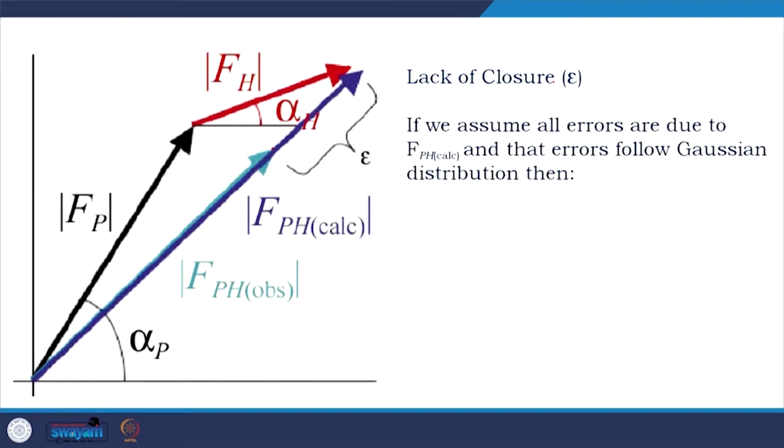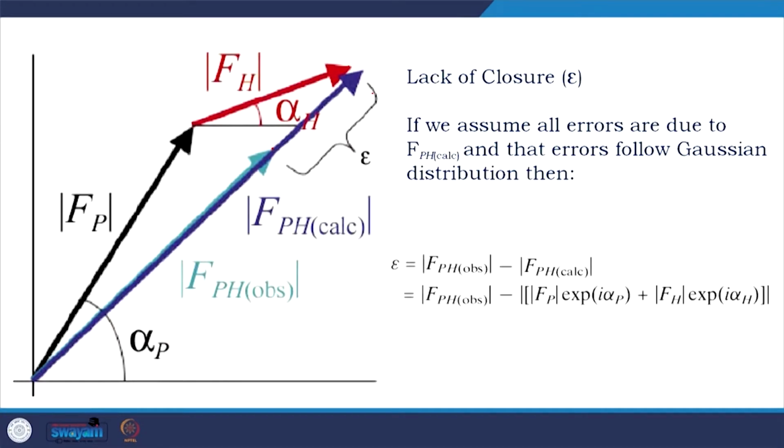If we assume all errors are due to FPH calc, and that these errors follow a Gaussian distribution, then the lack of closure equals FPH observed minus FPH calculated, where FPH calculated equals FP exponential i alpha p plus FH exponential i alpha h.